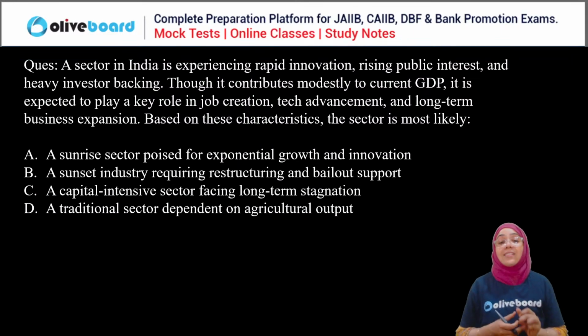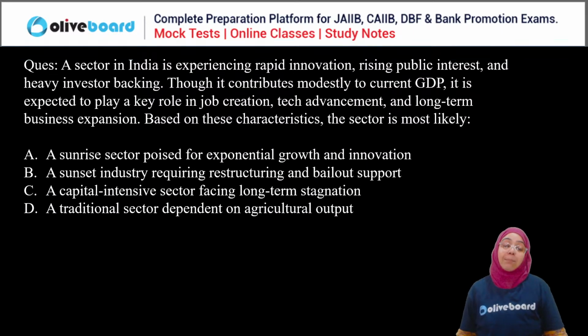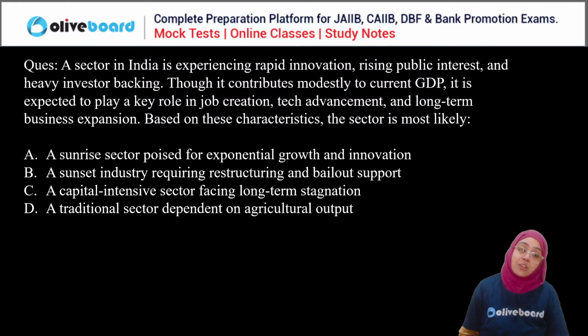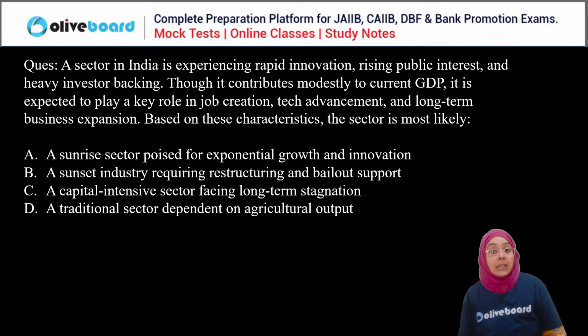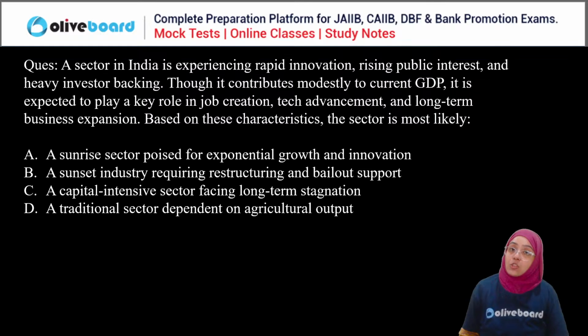Okay, next question. A sector in India experiencing rapid innovation, rising public sector interest, and heavy investor backing, though it contributes modestly to the current GDP, is expected to play a key role in job creation, tech advancement, and long term business expansion.